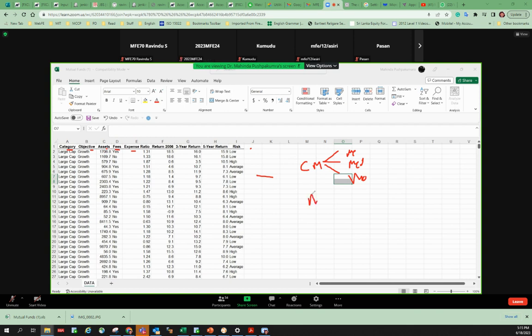Then for the measures of variation, we learn range, then minimum, and variance, and standard deviation.